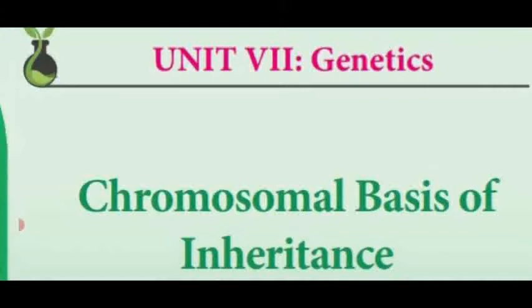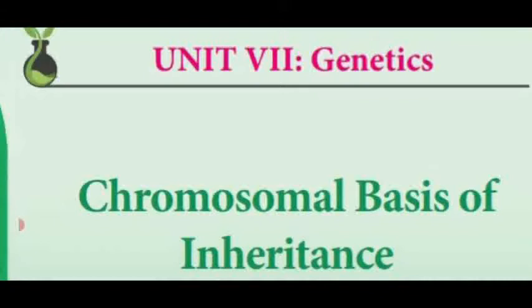Hyperploidy means addition of one or more sets of chromosome to the diploid set in an organism. It is again divided into trisomy, double trisomy, tetrasomy, double tetrasomy, and pentasomy.